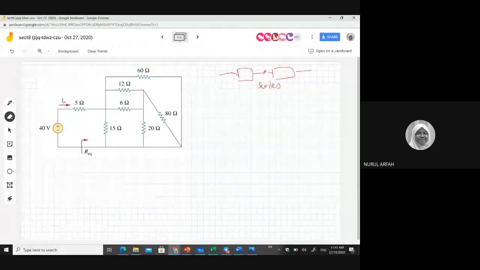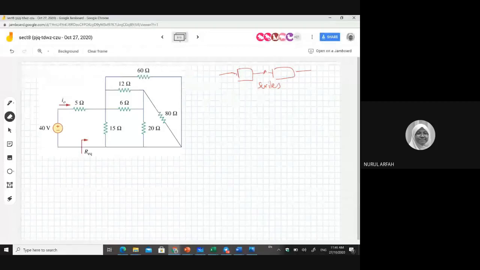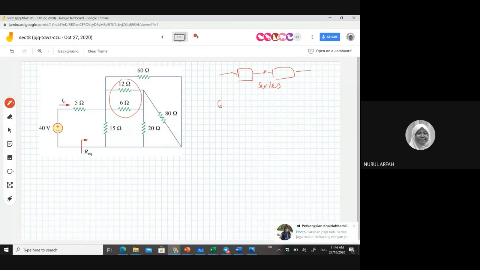Yes, 6 and 12 are in parallel, so you can reduce this. Any other elements also in parallel? 80 and 20, madam. Okay, good. 80 and 20 are in parallel. And then which one is in series?